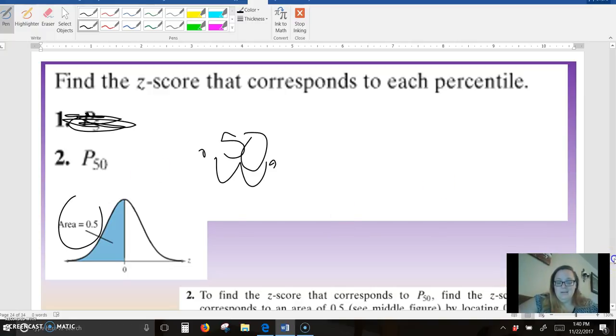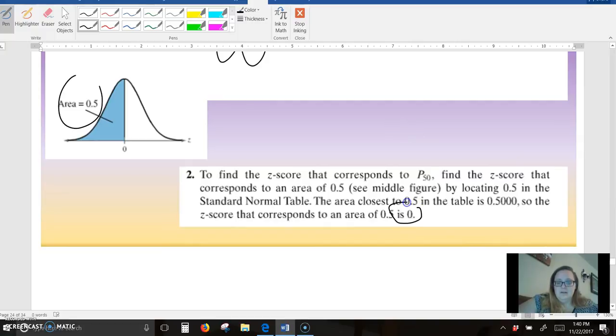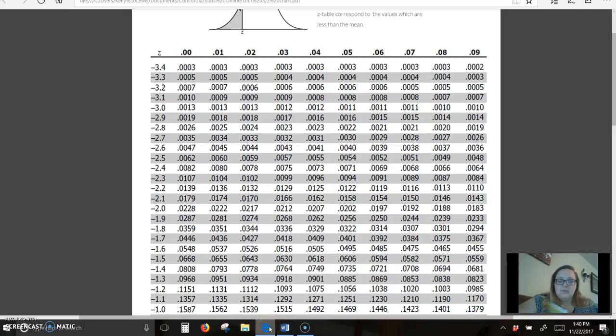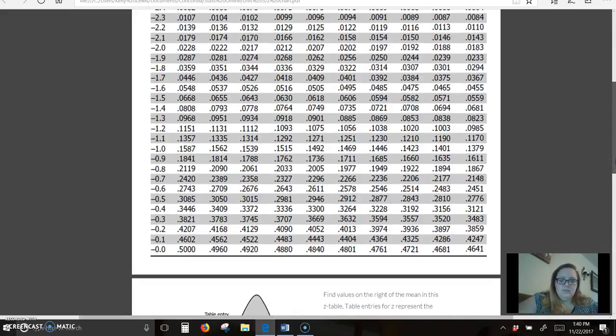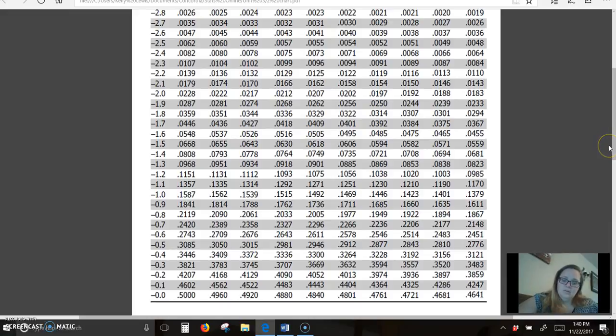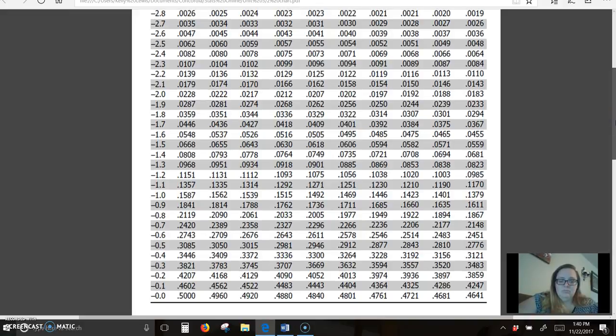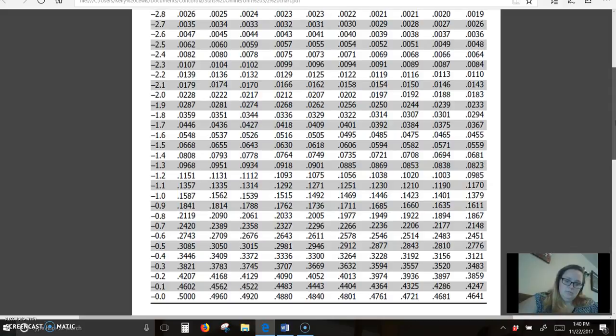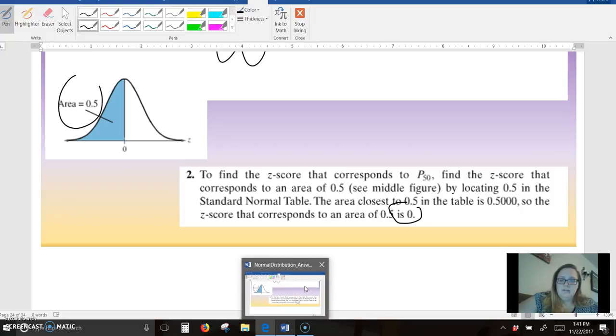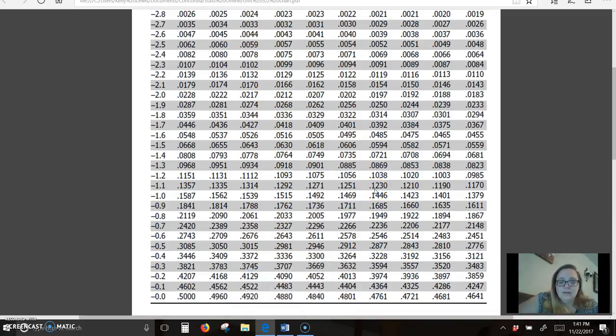Let's see, chart. 0.5 is right here, and it happens to be an exact number.